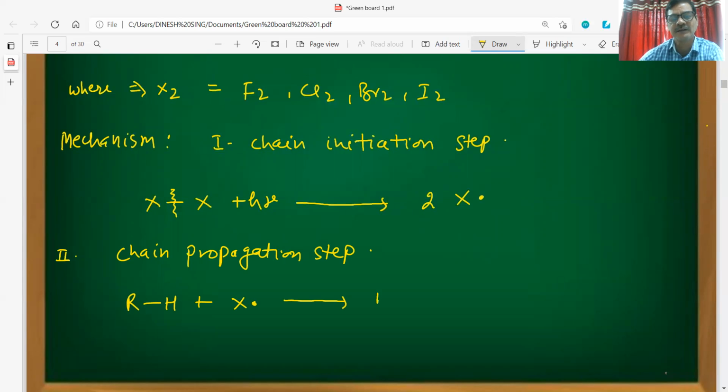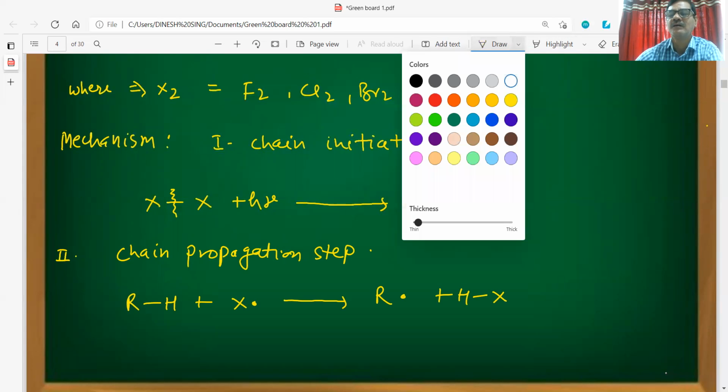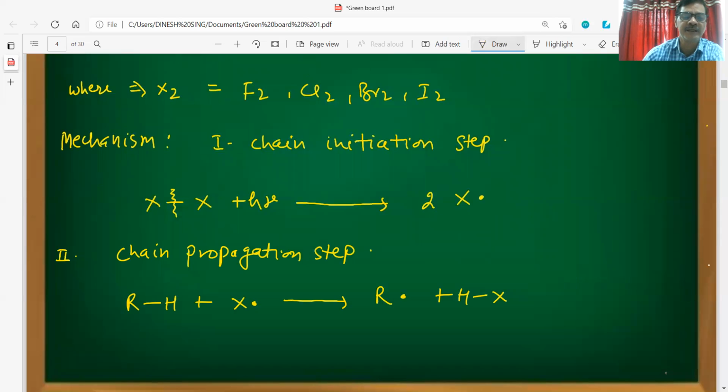So this will convert into R dot plus HX. So in the chain propagation step, free radicals will always be present on both sides. If free radicals are present on both sides in a step, it means it is a chain propagation step.